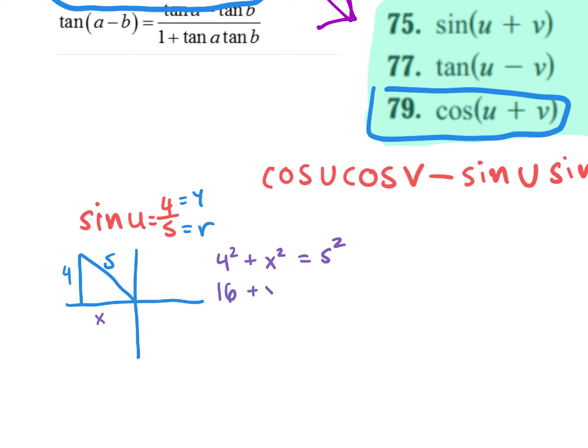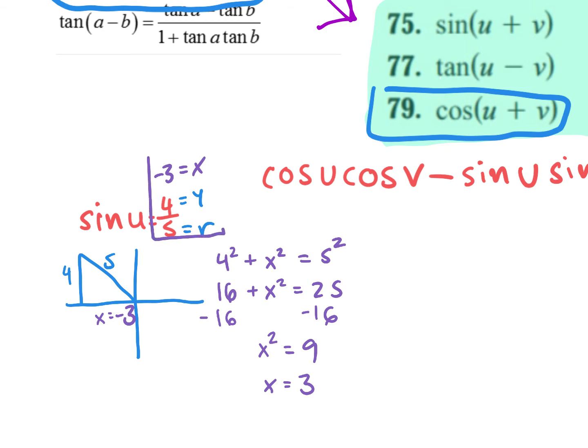So this would be 16 plus x squared is equal to 25. Subtract 16. So x squared would be 9, so x is 3. How do I know if it's a positive 3 or a negative 3? It's on the left, so it would be a negative 3. So I'm going to write it here. Negative 3 is x. So that's my u triangle.